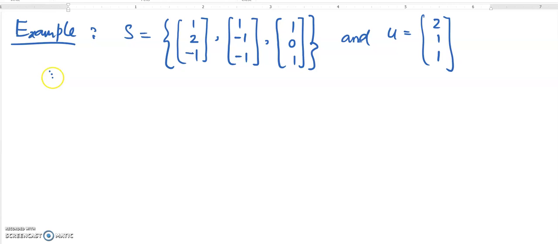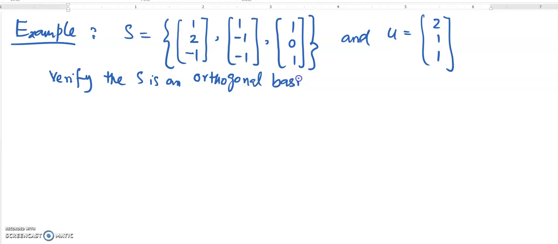So the first part of this question is to verify that S is an orthogonal basis for R3. First we have to verify that this is orthogonal.